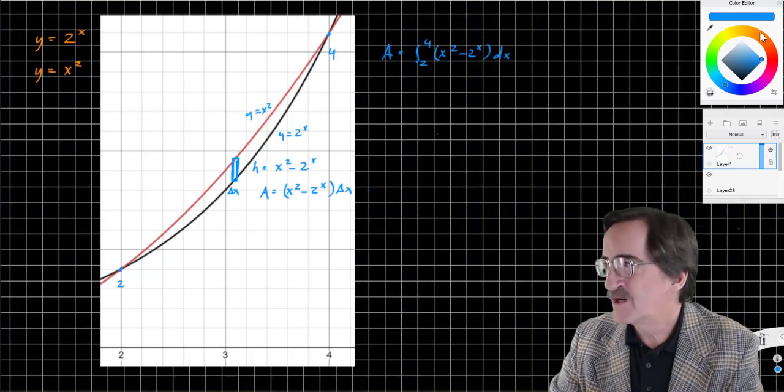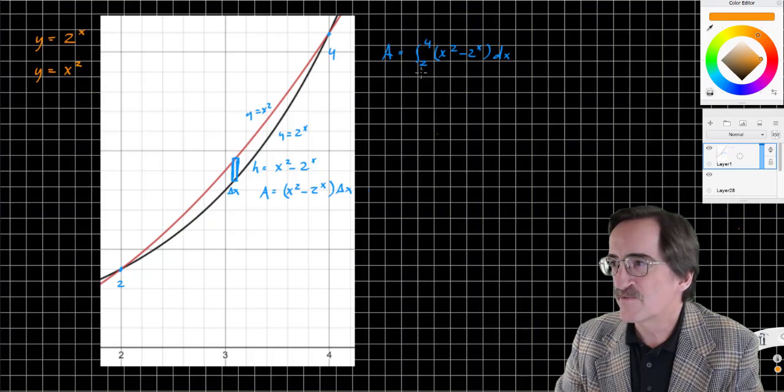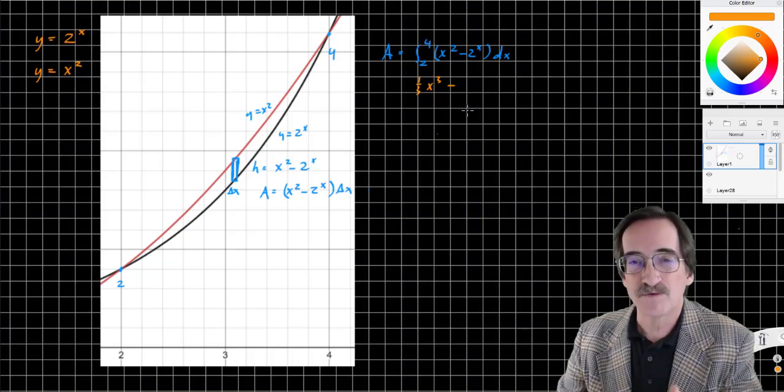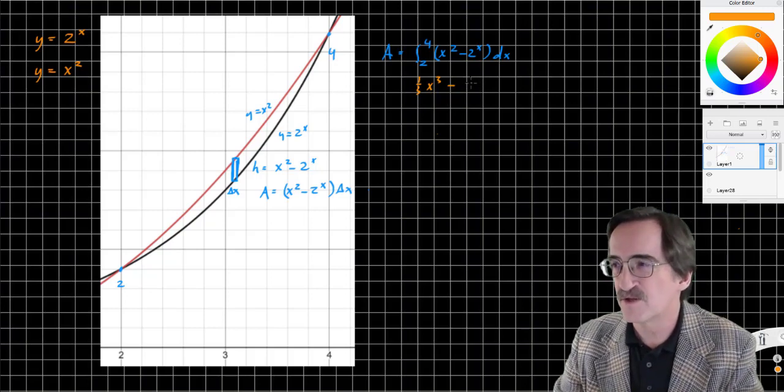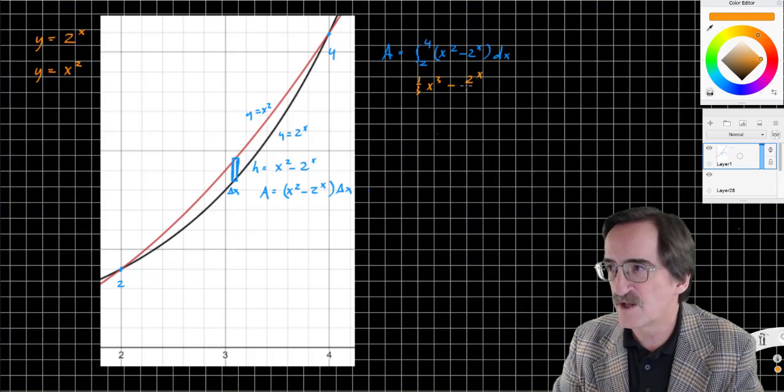All right, let's see. The integral of x squared is 1/3 x cubed. The integral of 2 to the x: I know the derivative of 2 to the x is 2 to the x ln 2, so the integral of 2 to the x must be 2 to the x divided by ln 2, from 2 to 4.